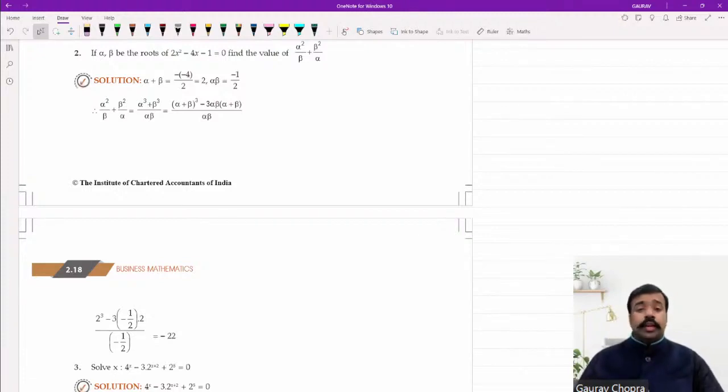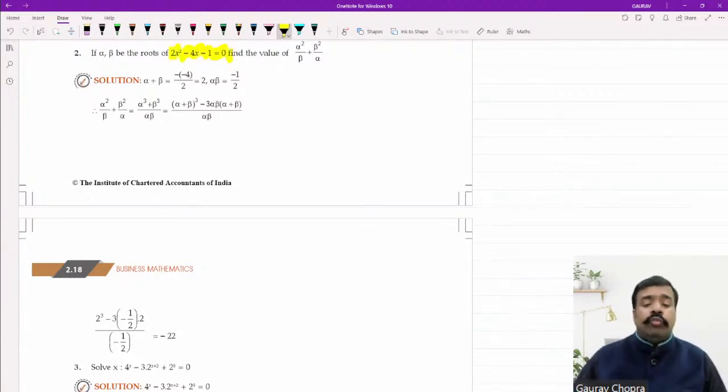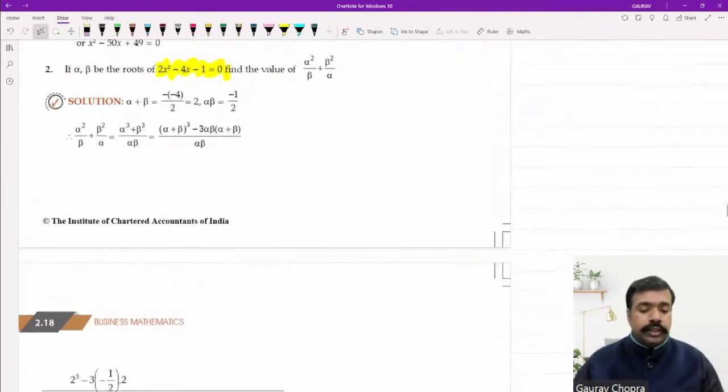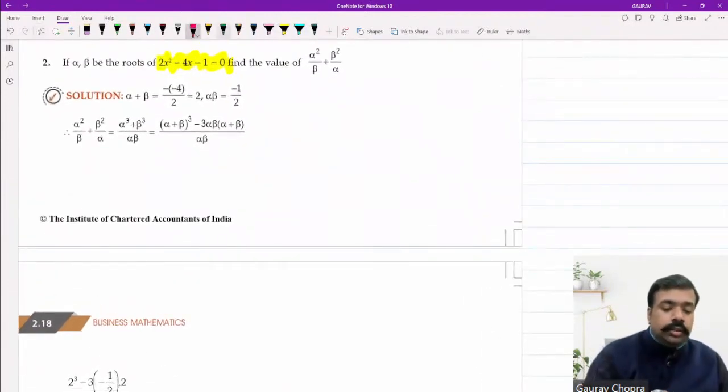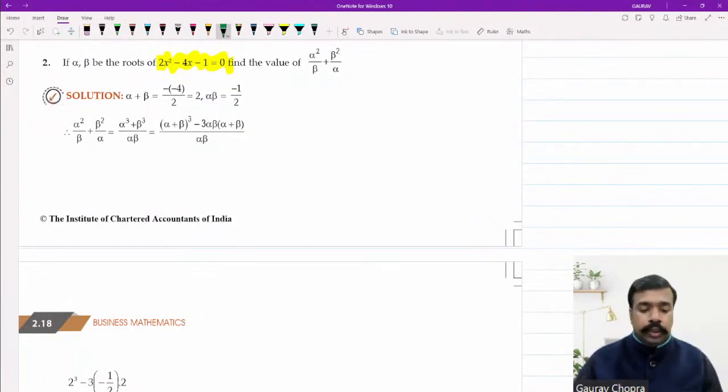So here also we can clearly see that alpha and beta are the roots of this given equation. And now we have to find out the value of alpha square by beta plus beta square by alpha. We have to calculate this. So always, what is the first step? The first step is, from the given equation, we can calculate the sum as well as the product.